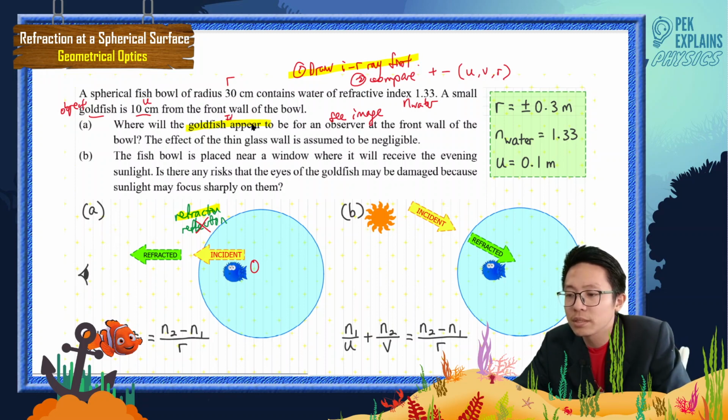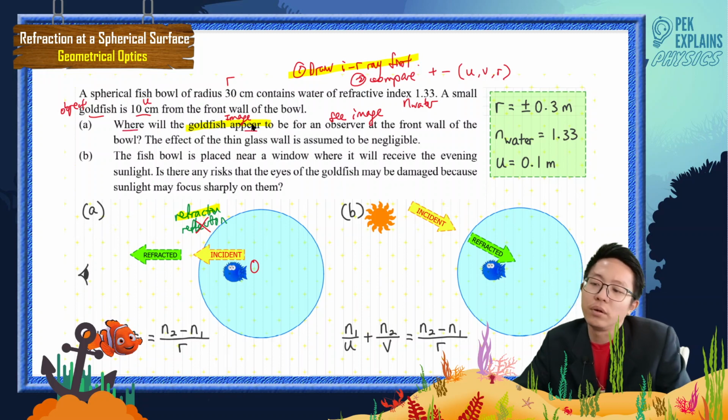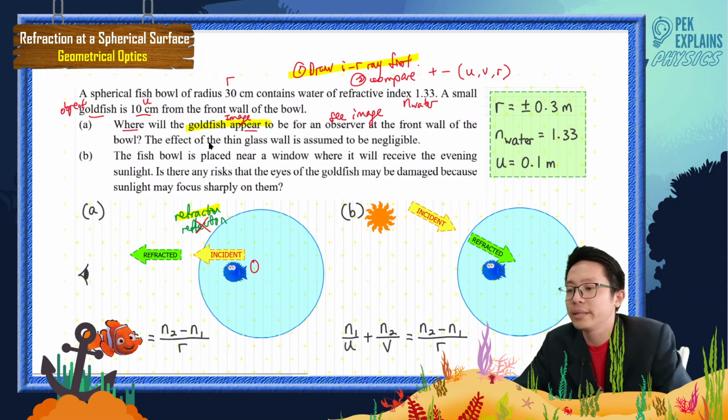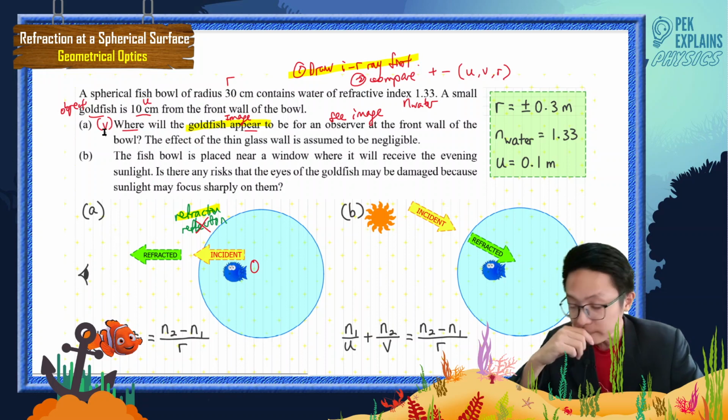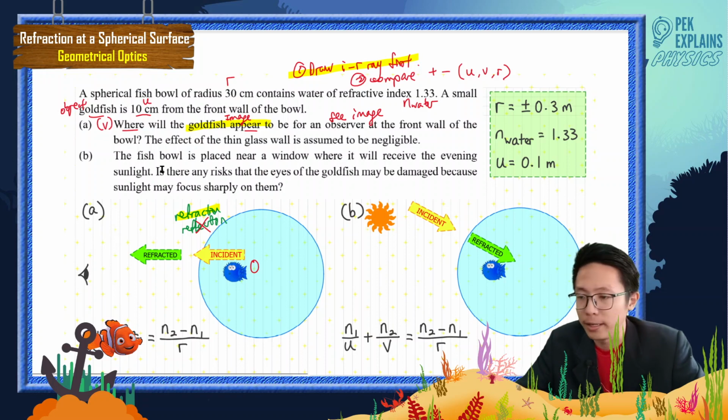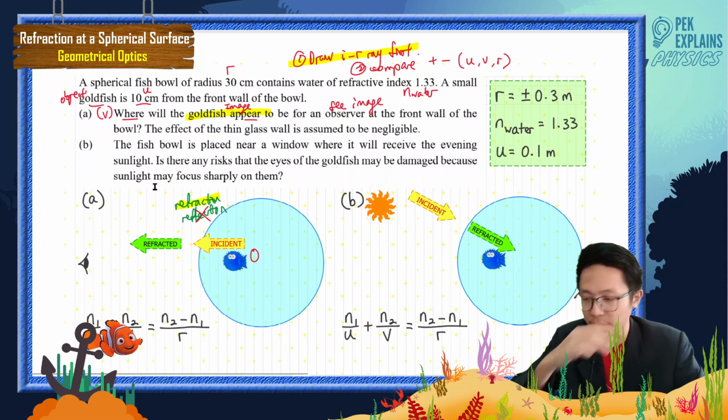That means where is the image distance? This question is asking about V, the image distance. Where does the image appear for the observer to see? So this first question is asking about V. We need to find V. Understand or not? Okay. Now let us continue doing the questions.